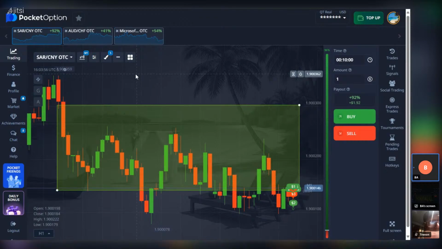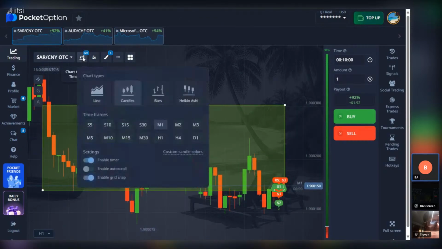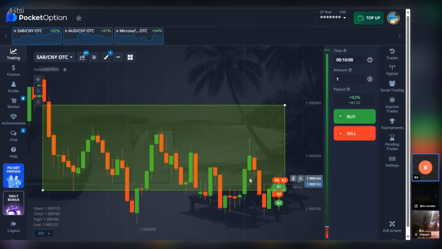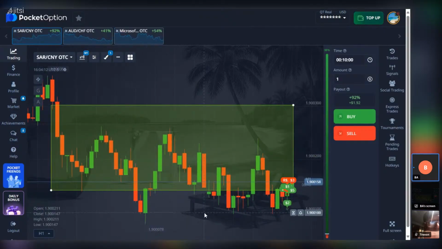So it's just a waiting game, and I'm waiting. I'm waiting for all these people to lose in this area, because I want price to tank because it's overbought. So you got to be patient. Just wait for everybody to lose.